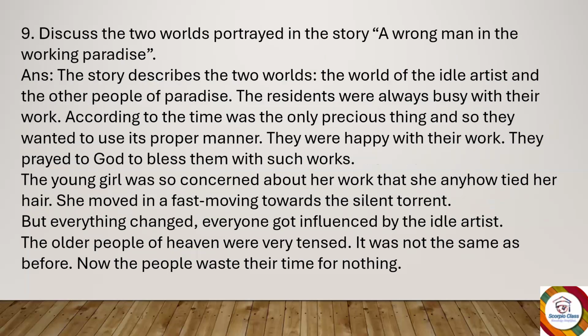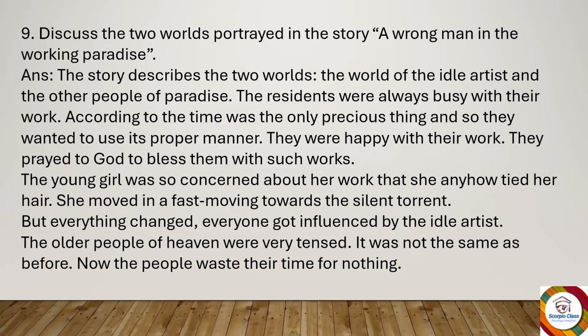Next long question. Discuss the two worlds portrayed in the story A Wrong Man in the Working Paradise. Answer: the story describes the two worlds, the world of the idle artist and the other people of paradise. The residents were always busy with their work.